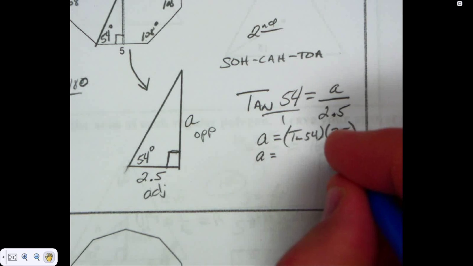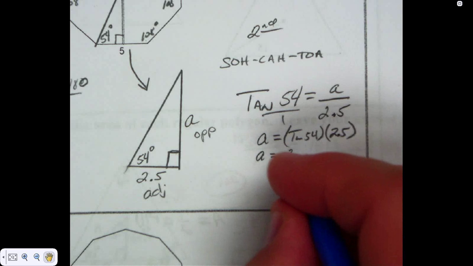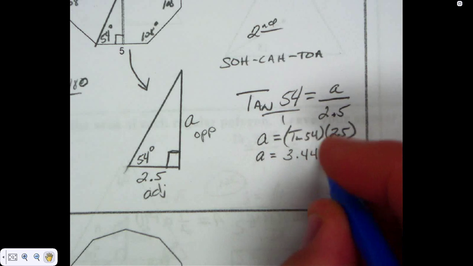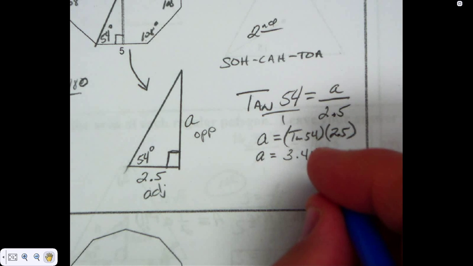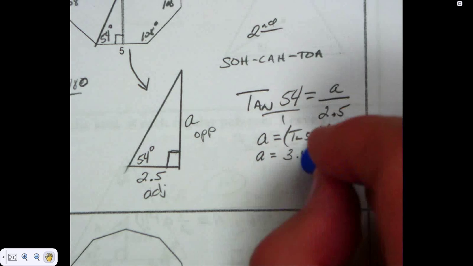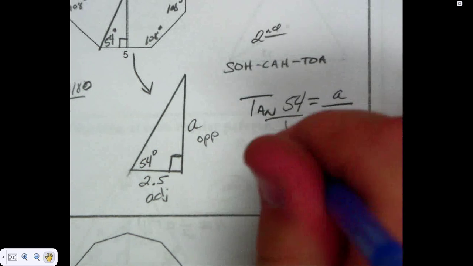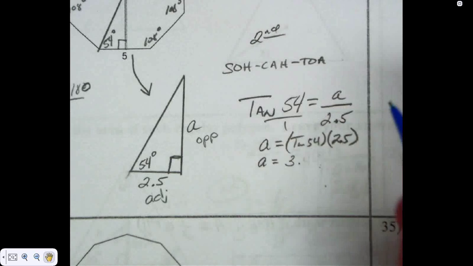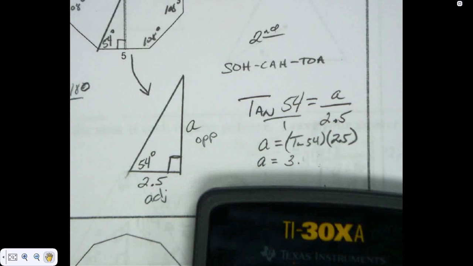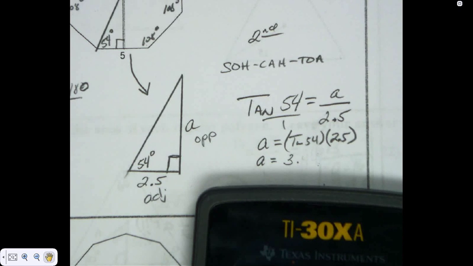No, guys, you don't want to round this yet because you're not to the end. You want to take it 2 to 3 more decimal places than what you've got.